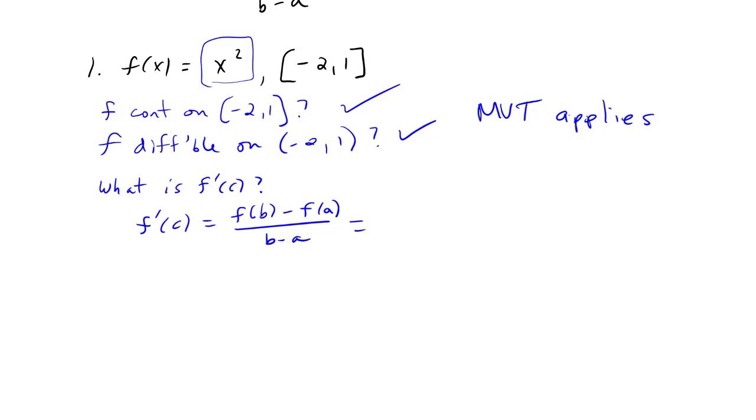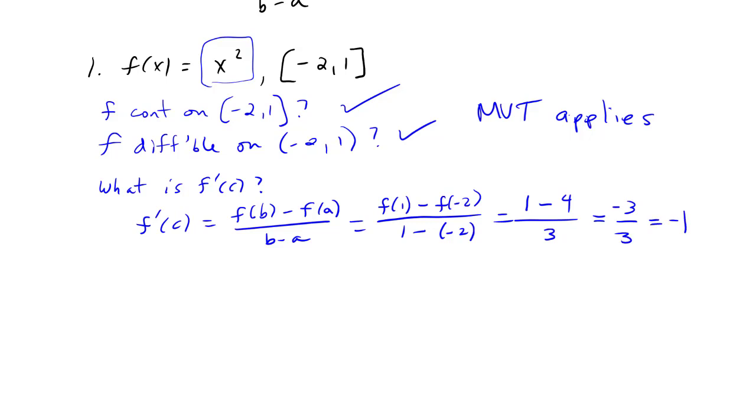So we're talking about f of 1 minus f of -2 over 1 minus -2. Our function is x squared, so f of 1 is 1 minus f of -2, which is 4, over 1 plus 2, which is 3. So we get -3 over 3, so we get -1.